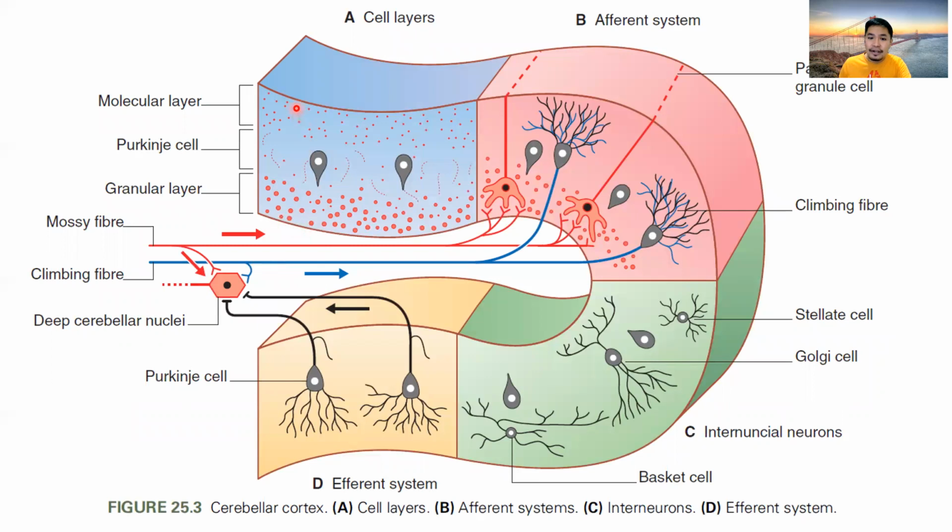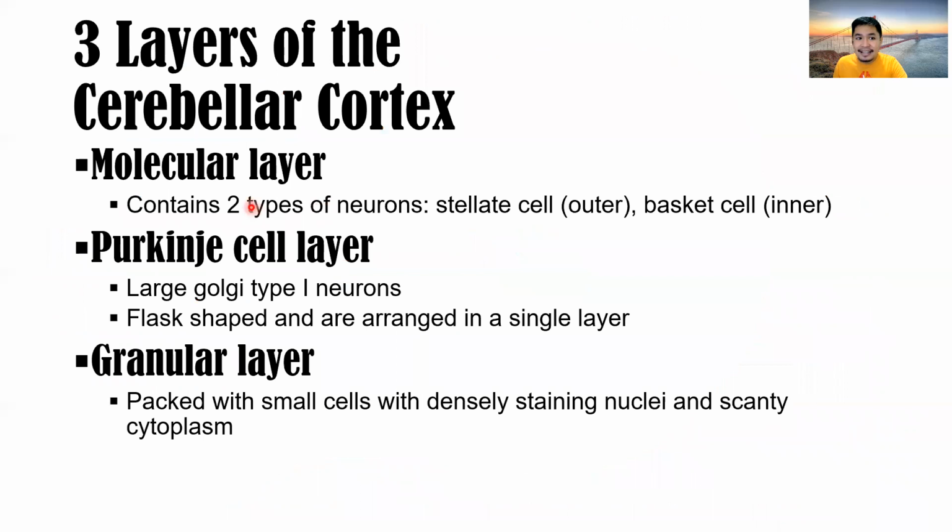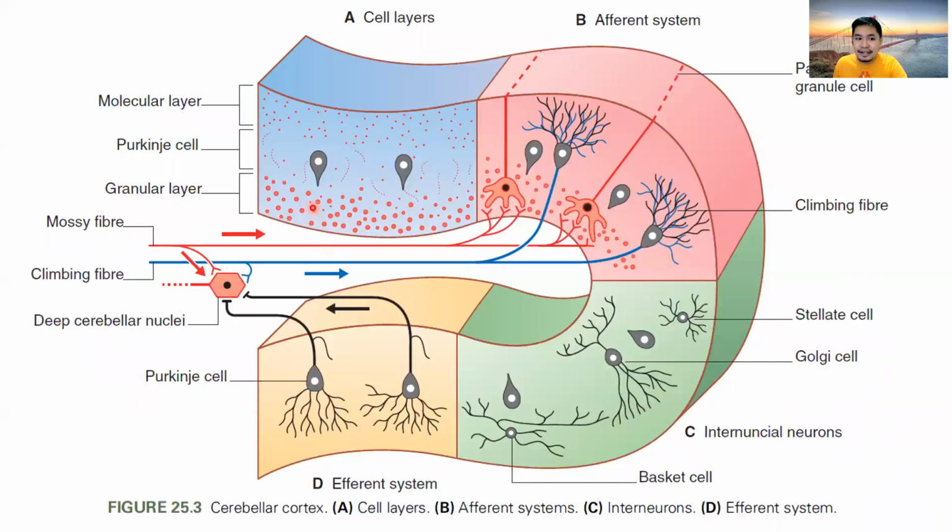So here, this is the cerebellar cortex, a picture that will help us remember the different structures that make up the cerebellar cortex. Remember, cortex, outer part, made up of gray matter. So these are the three layers.